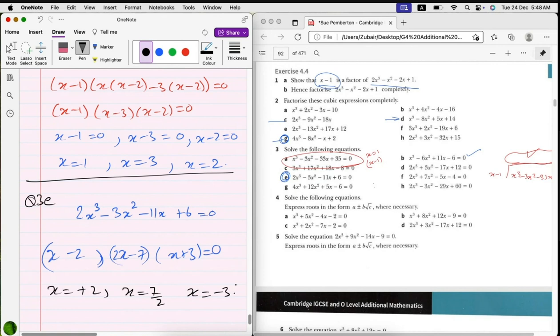I'm punching that in the main equation. The first one is 2 into 2 cube minus 3 into 2 square minus 11 into 2 plus 6.